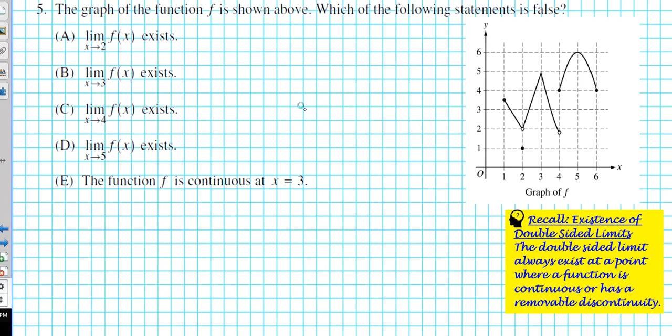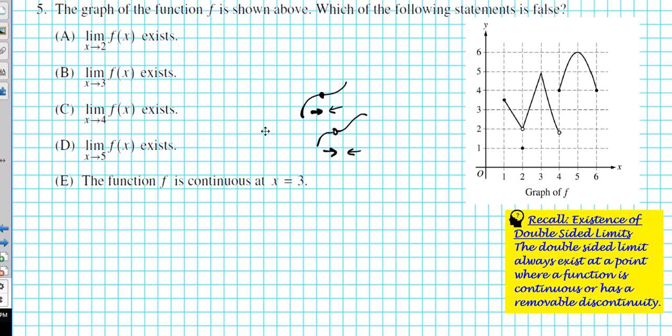In these two cases, the limits will exist because the left and right hand limits will be equal to exactly the same y value. Okay? They're approaching the same y value as you approach these 2 points from the left or right. So let's keep that in mind.